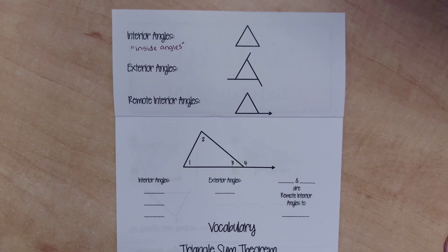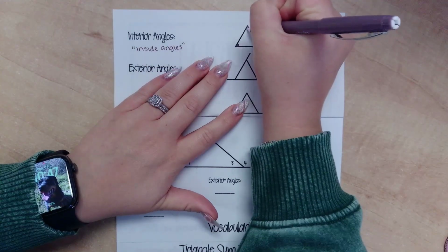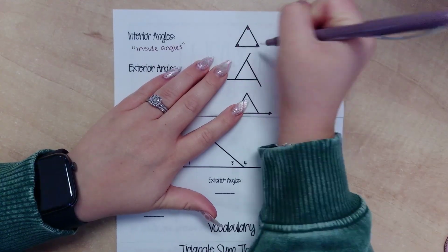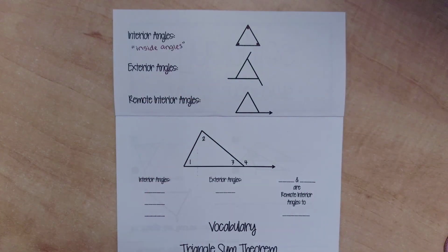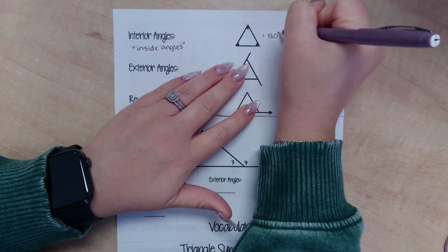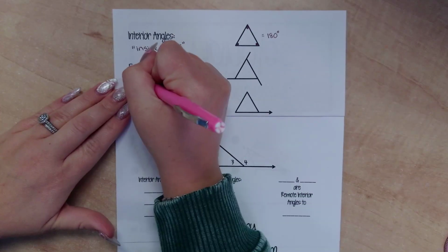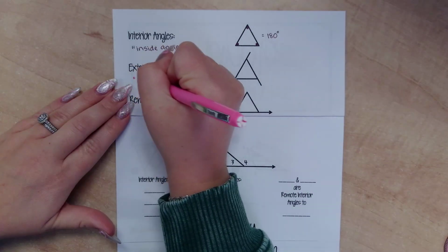So anytime they're referring to interior angles, they are referring to the angles on the inside of your triangle. And remember that your angles, if you were to add them all together, would equal 180 degrees.